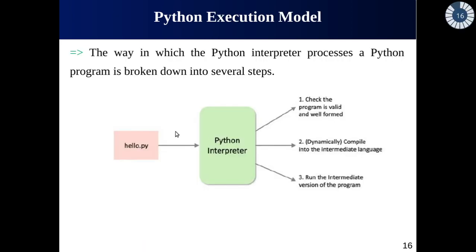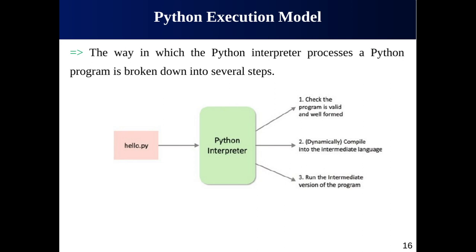And then finally, we have an execution model, which includes three phases. When you write a program and you want to interpret the program, to run the program, then three things happen. In the first step, the program is checked to make sure that it is valid Python code.